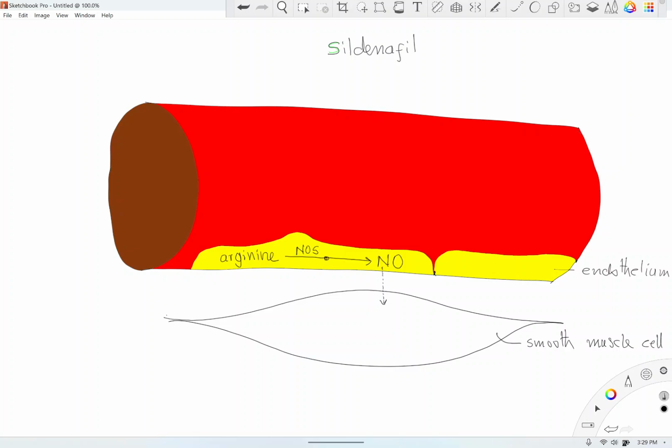When it reaches the smooth muscle cells, there's another enzyme called guanylate cyclase. This guanylate cyclase takes GTP and converts it to cyclic GMP.